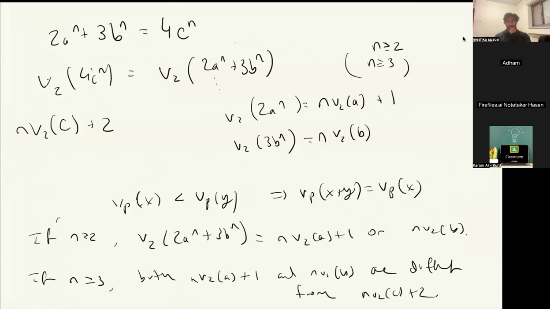So we look at n equals 1, and I think we wouldn't find a solution there, so it implies that n equals 0? For n equals 1, I think there is a solution, right? For n equals 1, I just have 2a plus 3b equals 4c, right? Oh yeah, we can have that. It's easy.